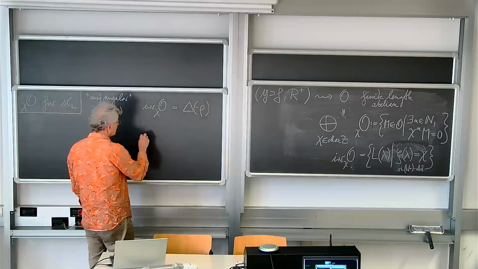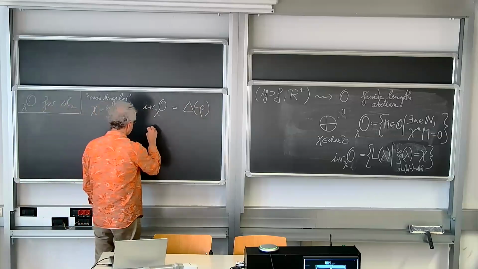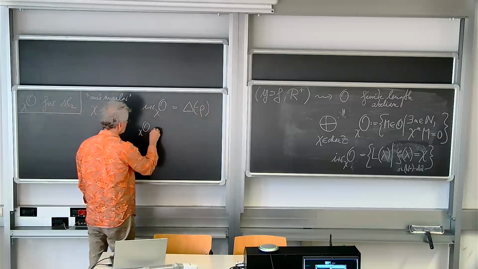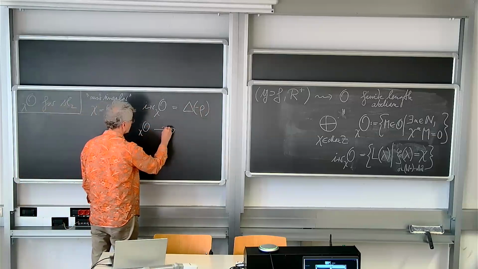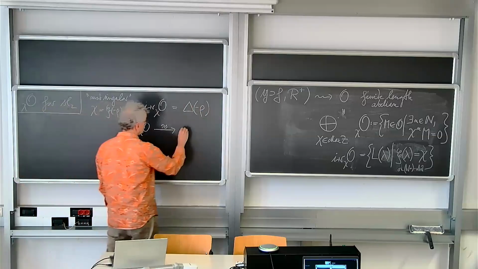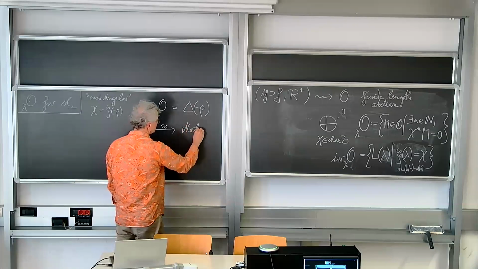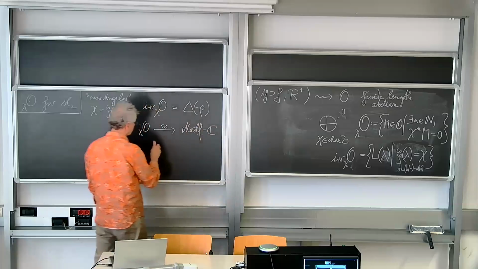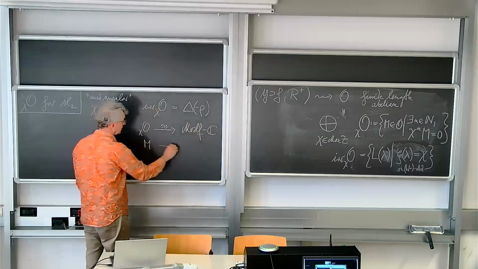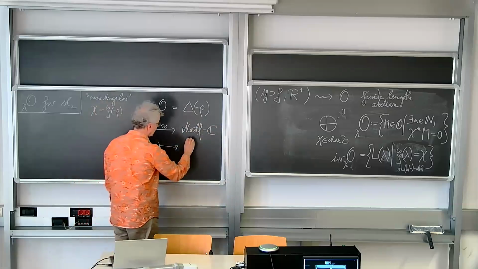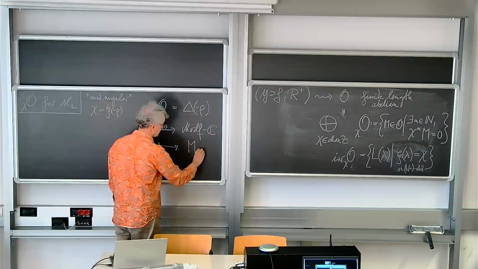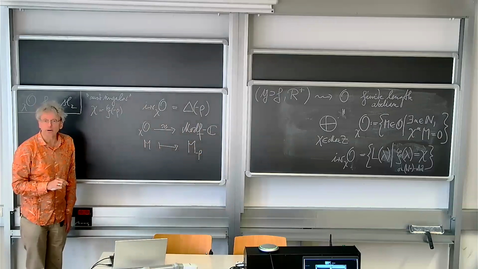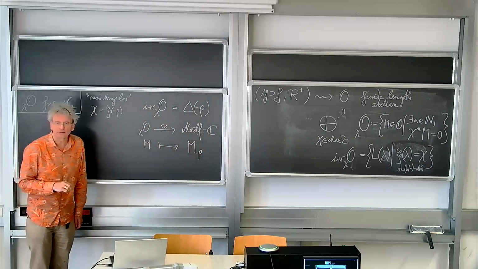And so we can deduce that the category O_chi is equivalent to the category of finite dimensional complex vector spaces. If we have an object, we associate it with the weight space of weight minus rho. So it's just a direct sum of this one Verma module.